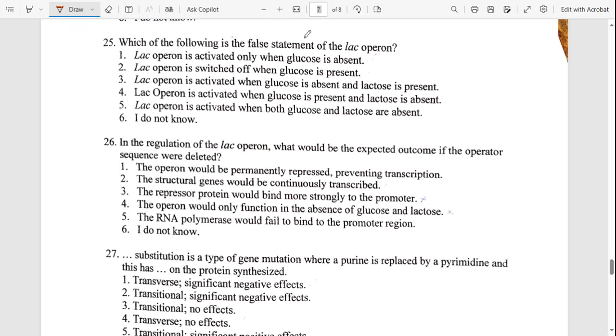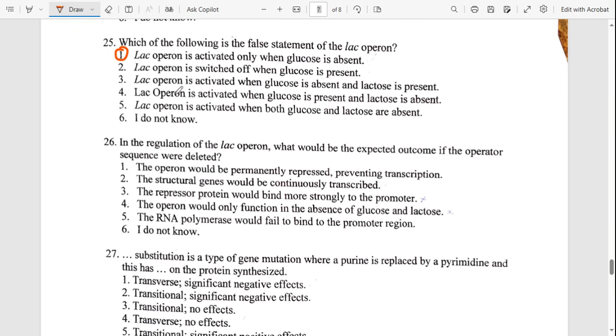So which of the following statement is false? So one is false. Two is saying lac operon is switched off when glucose is present. Yes. Lac operon is activated when glucose is absent and lactose is present. Yes. Lac operon is activated when glucose is present and lactose is absent.